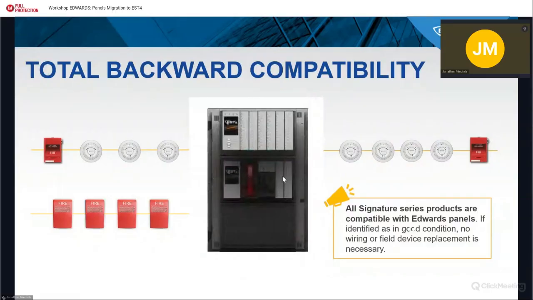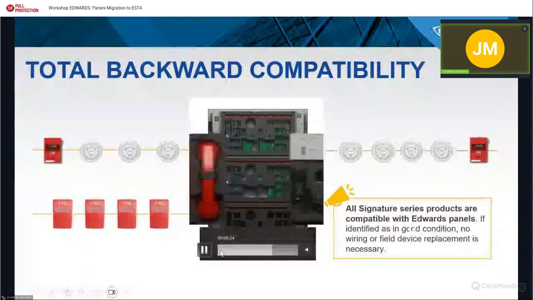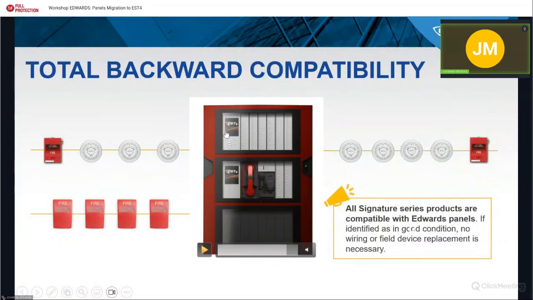Okay. So also I want to tell you, this is a great feature that we have with the EST4: you can have two CPUs in the EST4. As you can see, you can have two LCD screens in the same EST4 CAP21 cabinet.